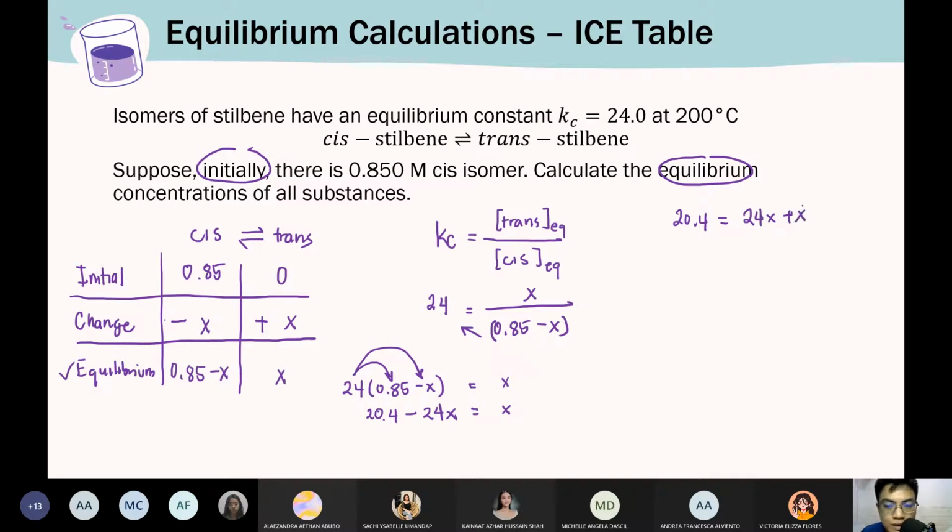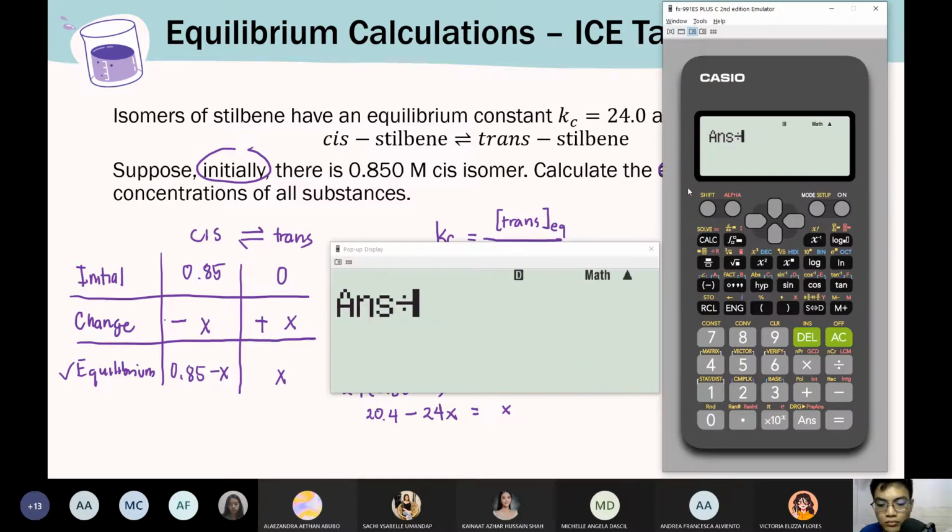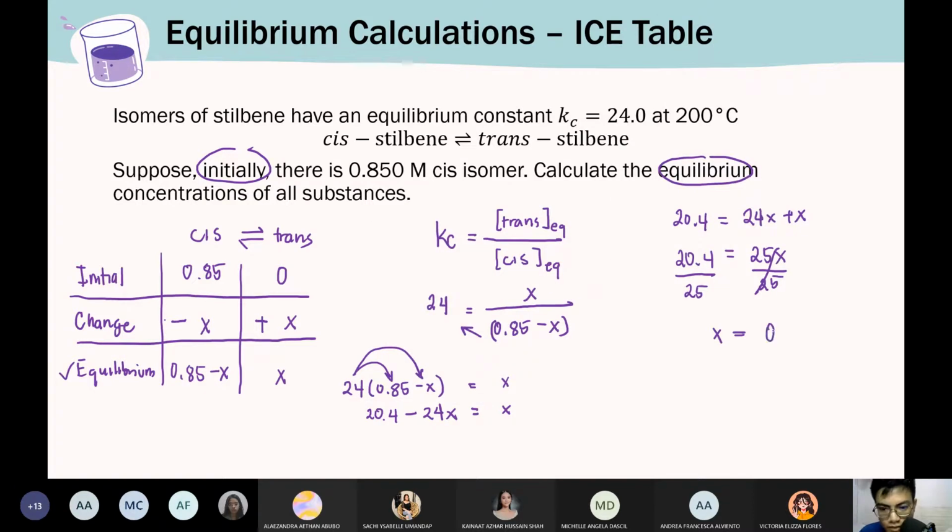So 24x plus x, di 24 plus 1 lang yan. Okay, it will be 25x. Divide both sides by 25. And then you will get x is equal to 0.816. And remember, this is concentration. So you write 0.816 molar.